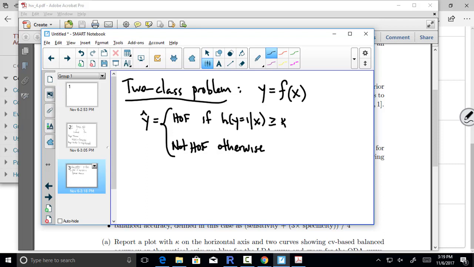This is just another way of stating the Bayes classifier strategy. The default statement is that you'll predict to the class that has the highest posterior probability. We're going to tune this model by allowing for a specialized threshold. I'll predict a player is in the Hall of Fame if their posterior probability is bigger than or equal to kappa.